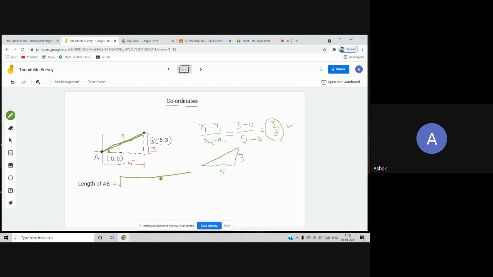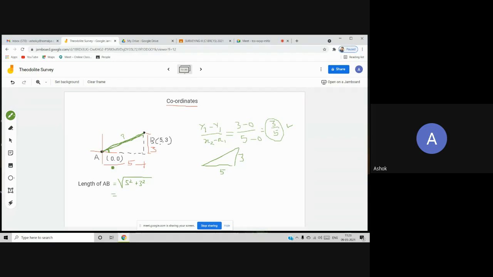Square root of 5 square plus 3 square. How much is it?